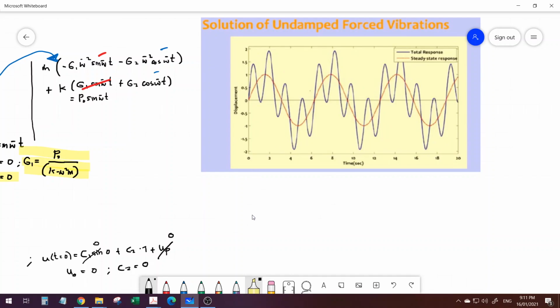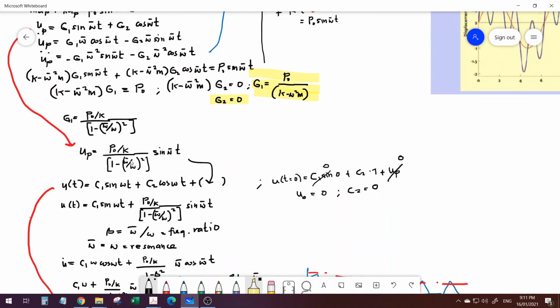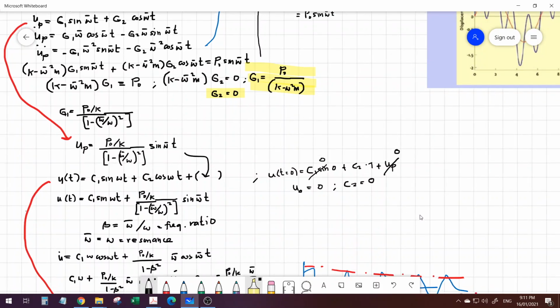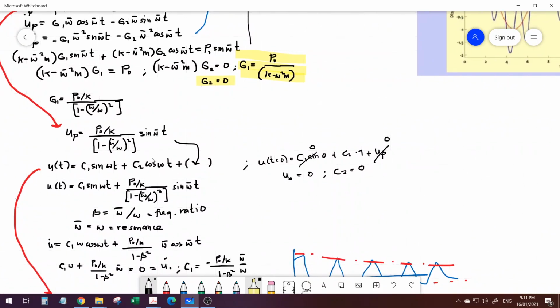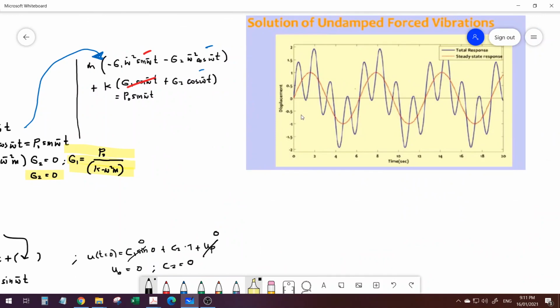So, the steady state response is itong portion na to. This one. Yeah, that's the steady state response.